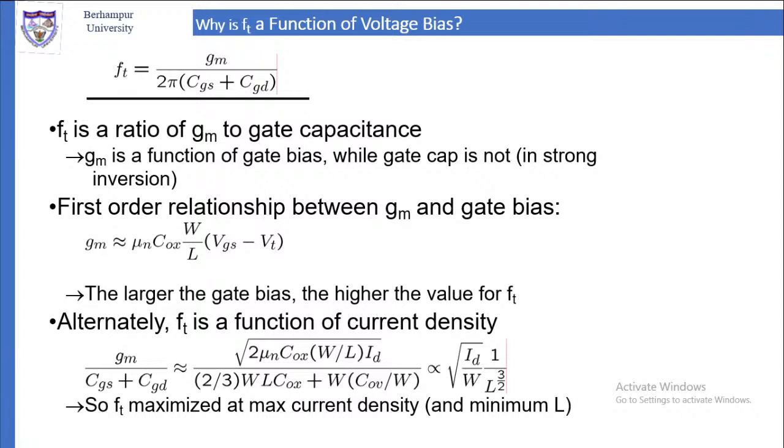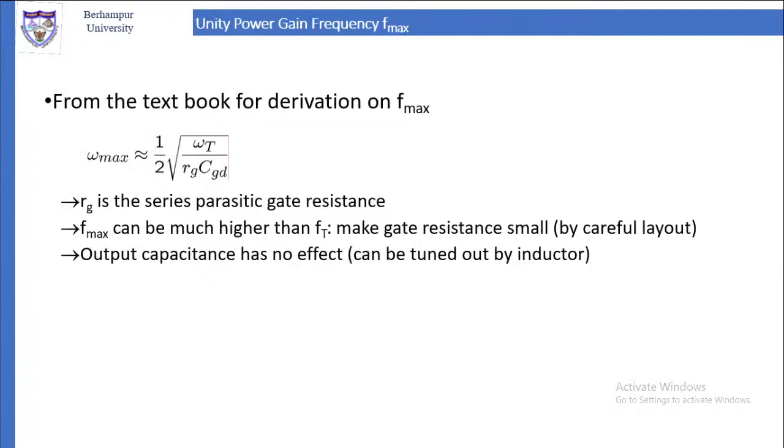So Gm by Cgs plus Cgd is proportional to root over of Id by W into 1 by L to the power 3 by 2. So Ft is maximized at maximum current density. If we increase the current density or minimize the L, then we can maximize Ft. Now current density increases by biasing voltage.